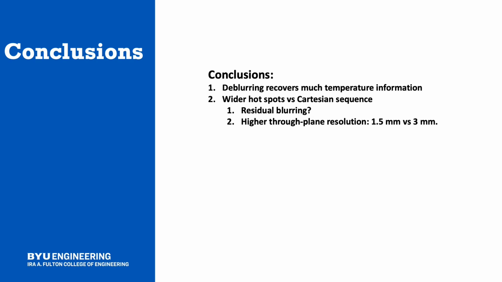In conclusion, this study found for long spiral volumetric thermometry sequences that, number 1, deblurring can recover much of the lost temperature information, and that the spiral sequence tended to return wider hot spots than the clinical thermometry sequence. Future investigation can examine whether this effect is caused by residual blurring or possibly an artifact of the Cartesian scan's thicker slice thickness.